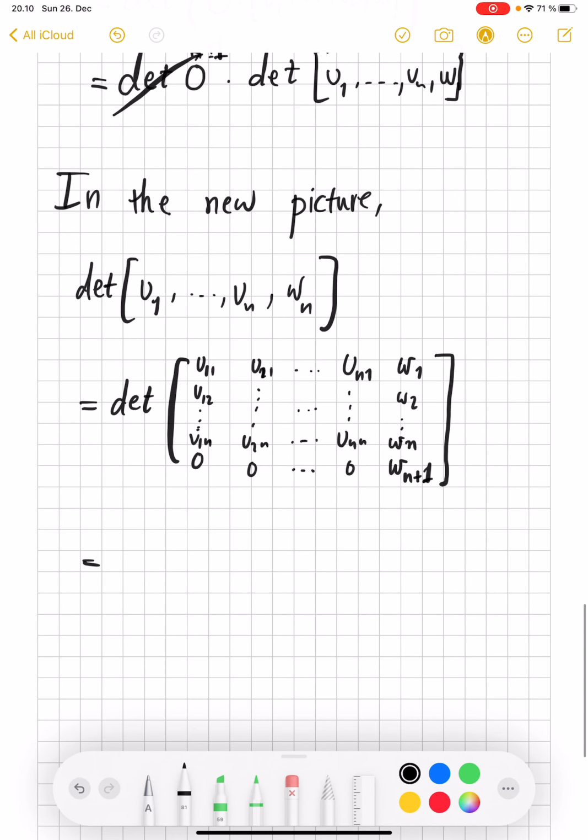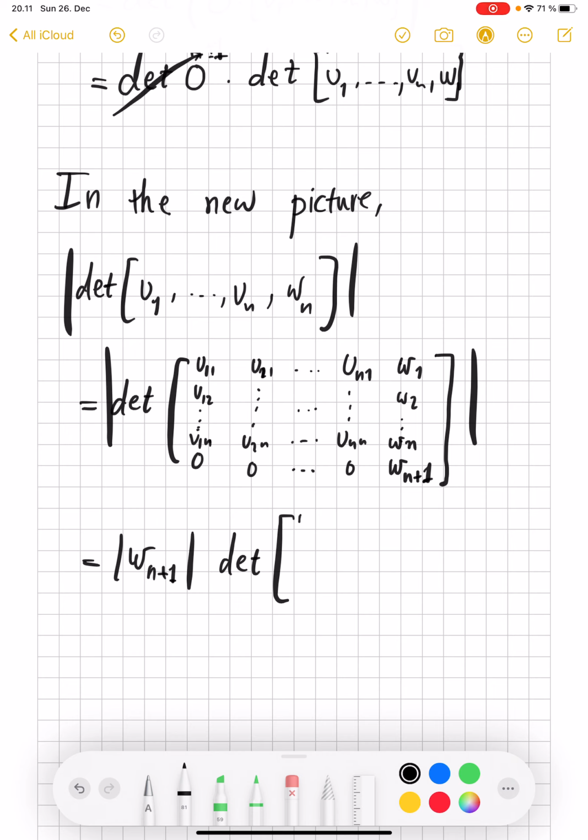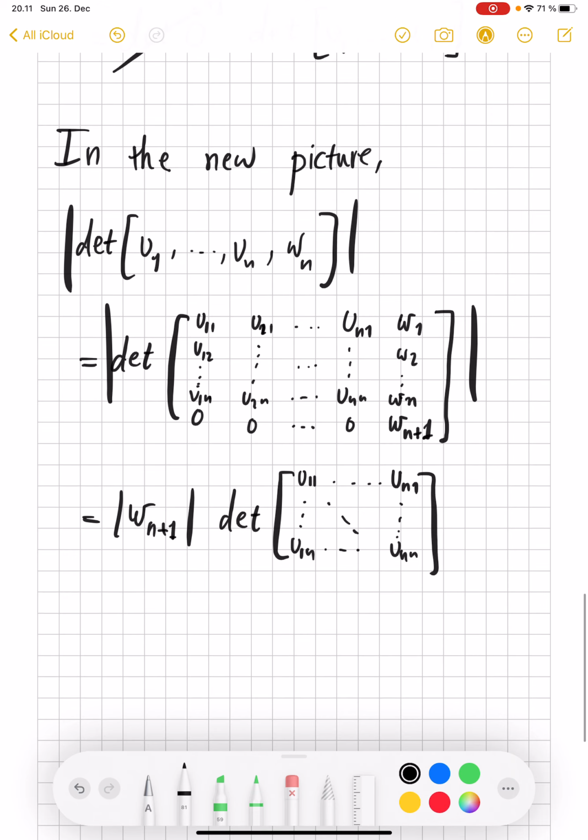But when you compute such a determinant, let me put this absolute value, this is giving me a difficult time. If you expand the determinant with respect to the last row, this will be the absolute value of w_{n+1} times the determinant of the matrix with entries v11, ..., v1n, ..., vn1, ..., vnn, like this.